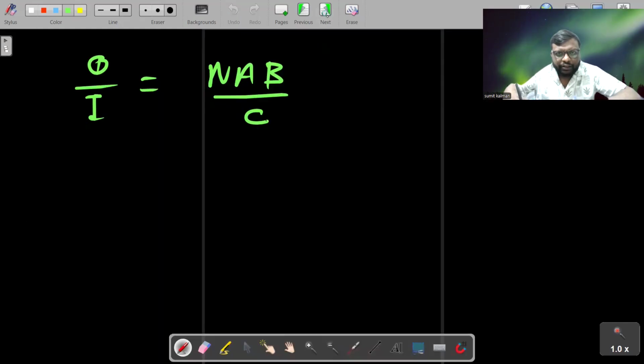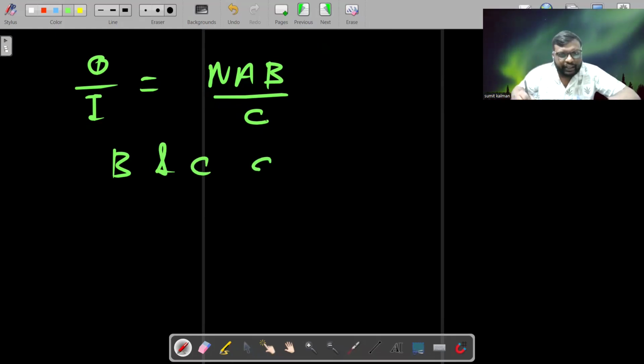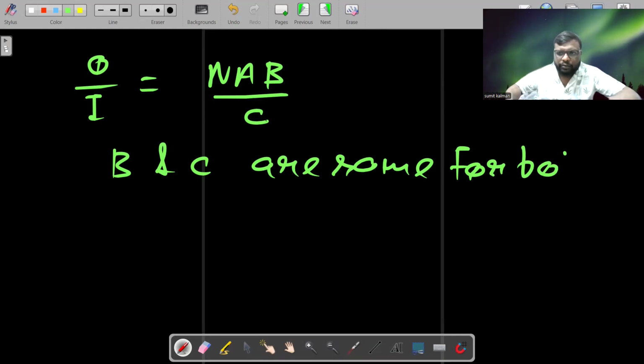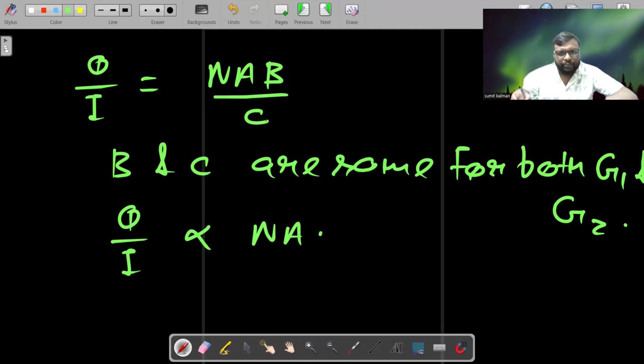So here, students, B and C, they are same for both galvanometers G1 and G2. So students, so here phi upon I, it is proportional to NA, number of turns and area of the coil.